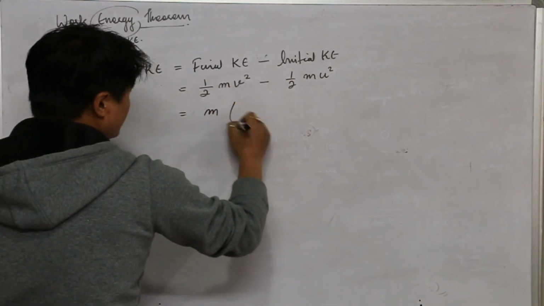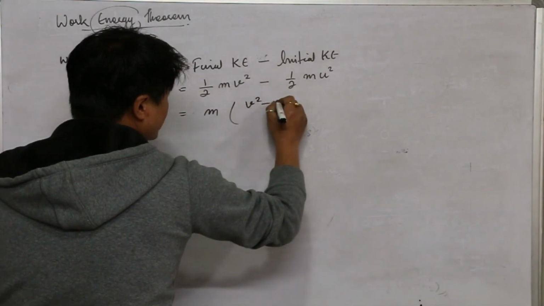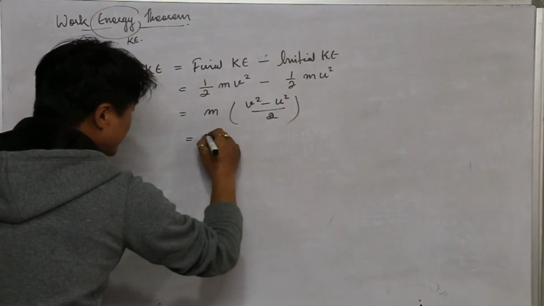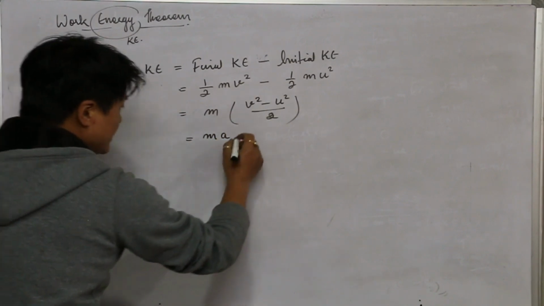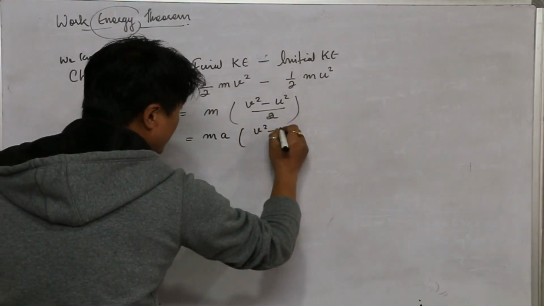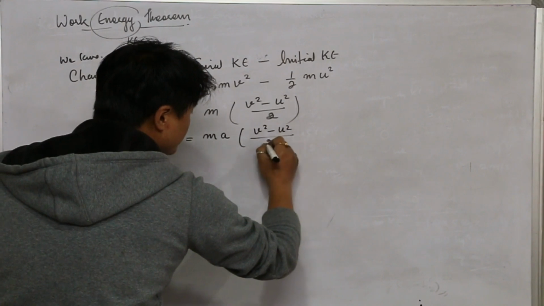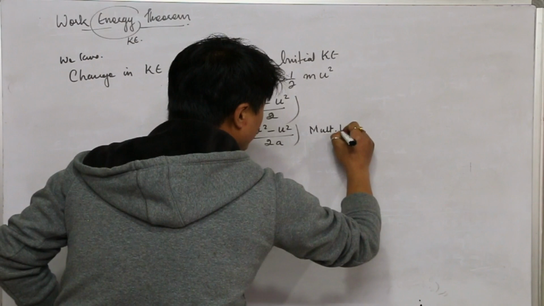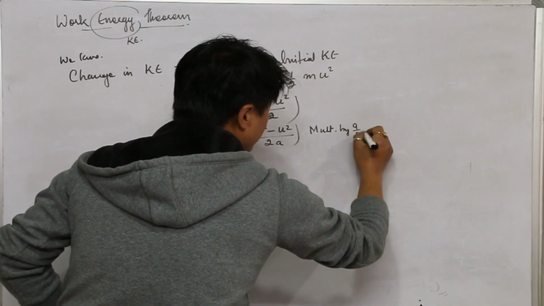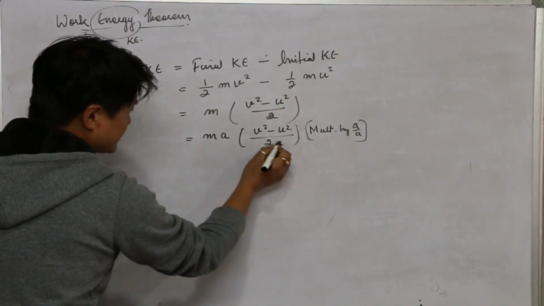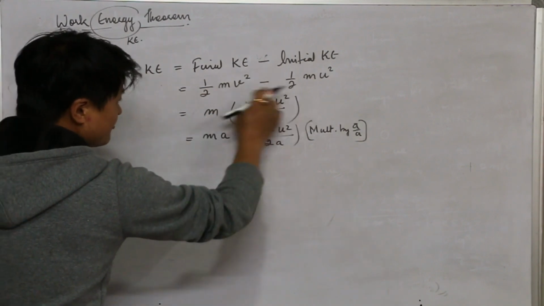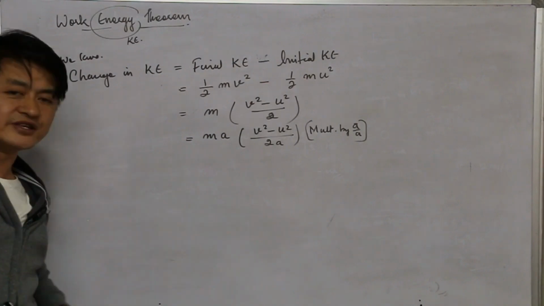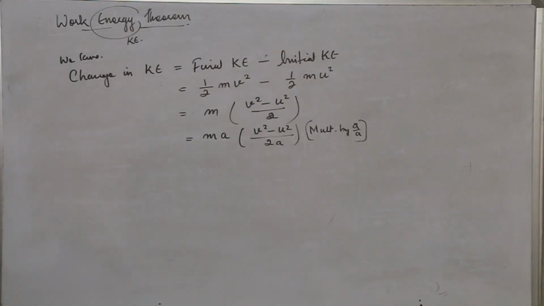If you take m common, this will be v square minus u square divided by 2. This is equal to, we can write m a into v square minus u square divided by 2a. Here we multiply by a by a. If we cancel this a and this a, we get the same form. It will not change because we have multiplied both numerator and denominator with the same number.